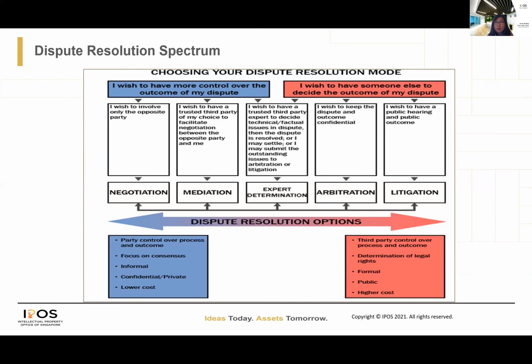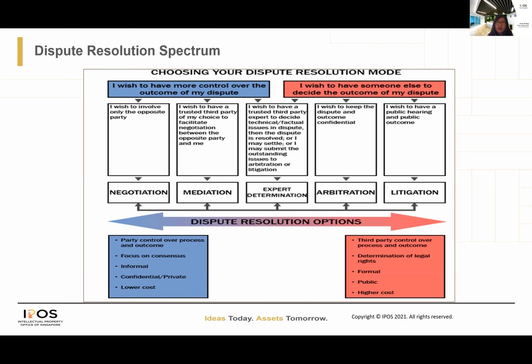Both parties can come to an agreement and decide which arbitrator or arbitrators to decide your dispute. So you have a wide range of people to choose from. The main advantage is you can choose someone who is an expert in your specialist field to determine the outcome on your behalf. That's why arbitration is next to litigation.